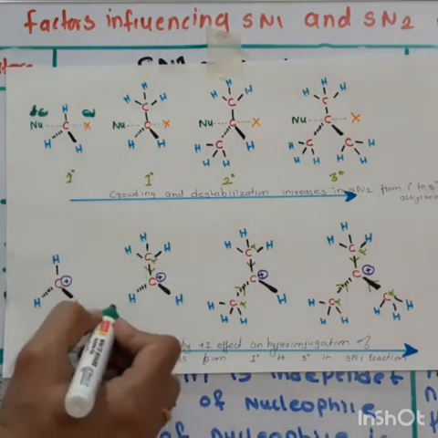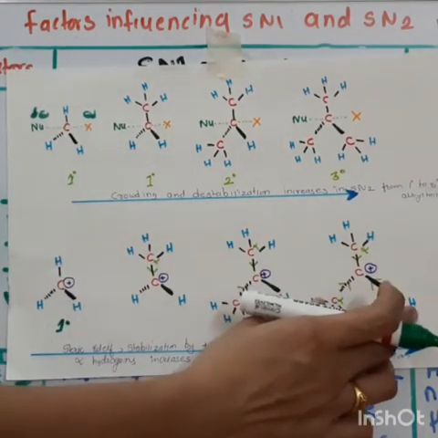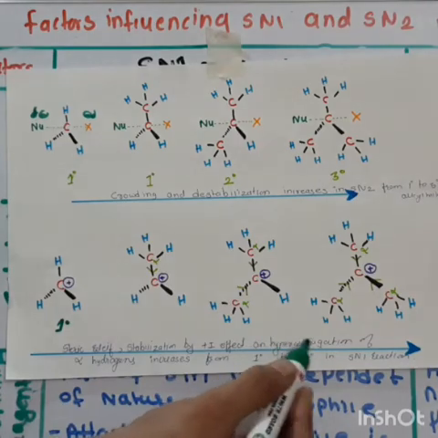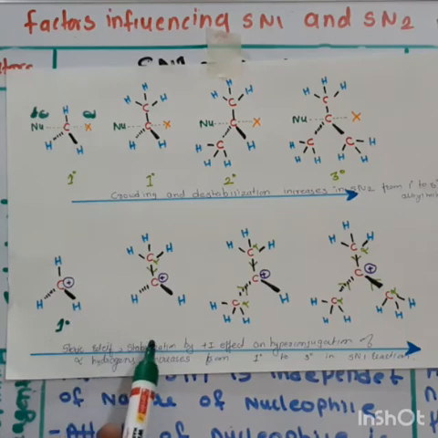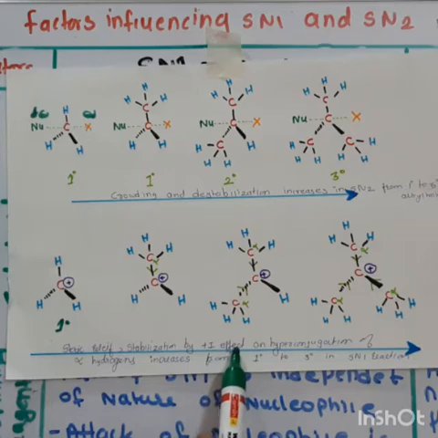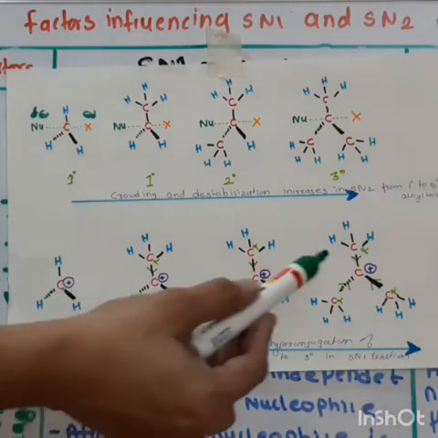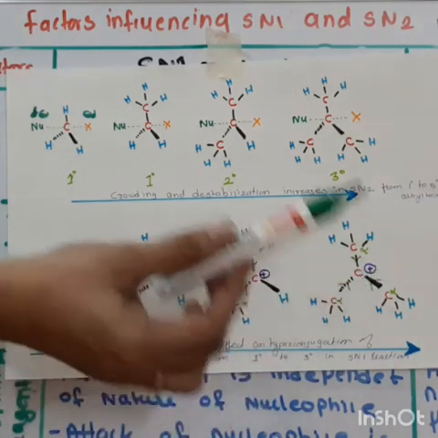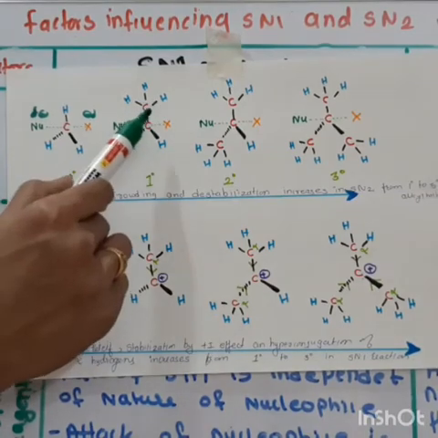Primary carbocation is less stable but tertiary carbocation is more stable, as plus I effect and hyperconjugation help to stabilize the carbocation. So steric relief and stabilization by plus I effect, that is positive inductive effect, and hyperconjugation of alpha hydrogens increases from primary to tertiary in SN1 reaction. In SN1 reaction, the intermediate is a carbocation, but in SN2 reaction, the intermediate is a pentacoordinate carbon.